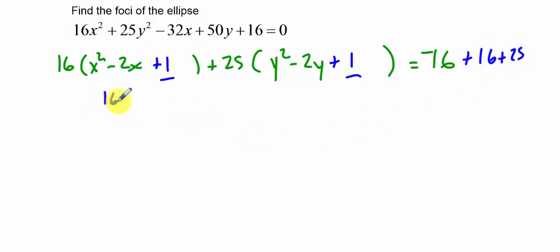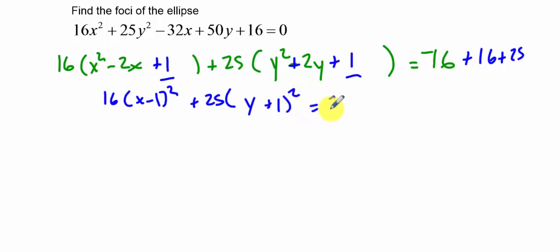Therefore, I have 16 times x minus 1 quantity squared plus 25 times, actually this was a plus I believe on the y. It's y plus 1 quantity squared. And that's equal to 25.